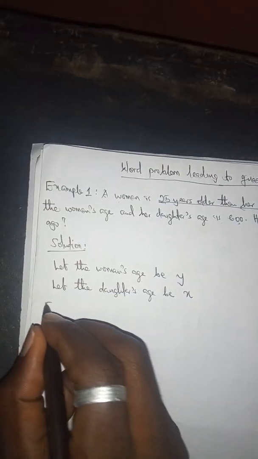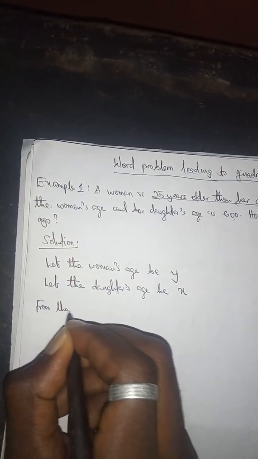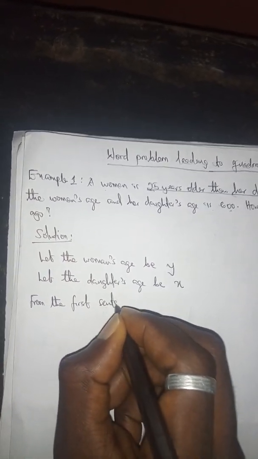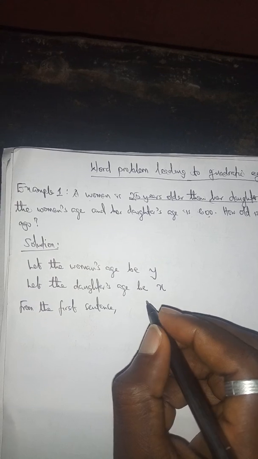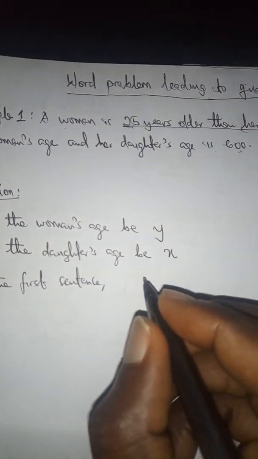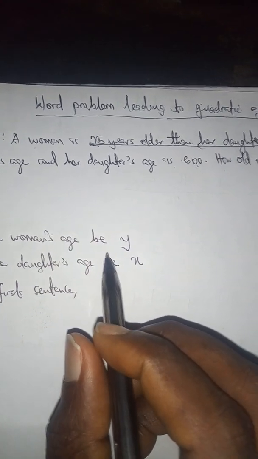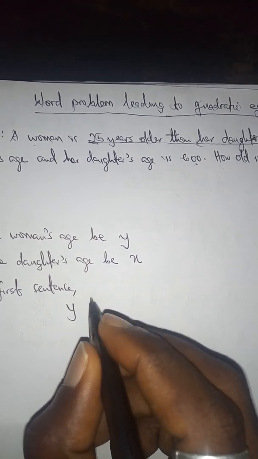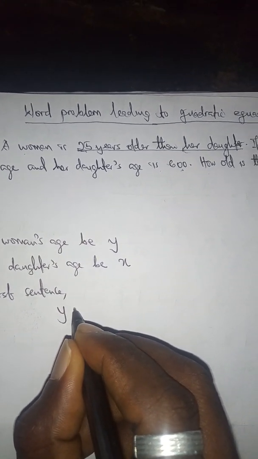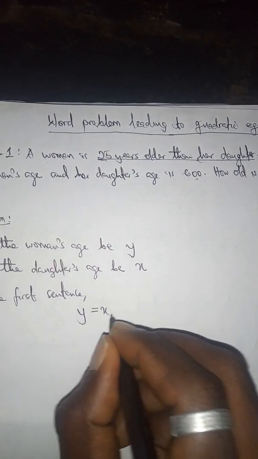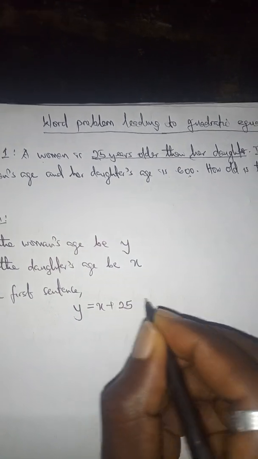So from the first sentence, the woman, which is y years old, is 25 years older than the daughter.